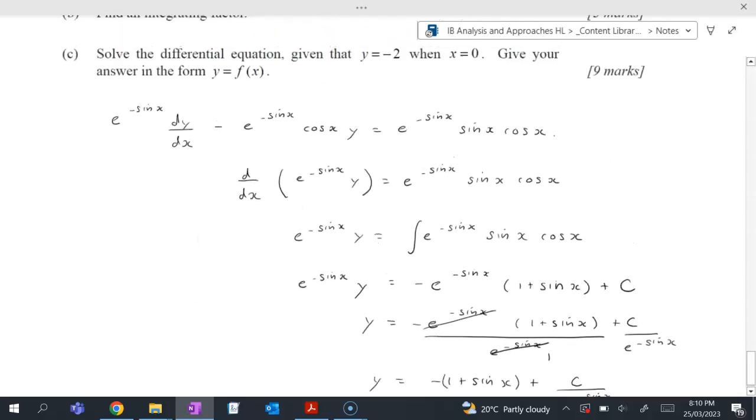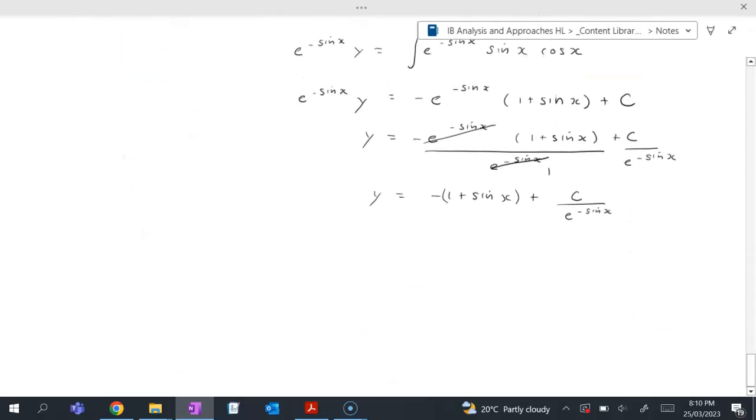And then we're told that y equals minus 2 when x equals 0, so I substitute that in. So minus 2 is minus 1 plus sine of 0 plus c on e to the minus sine of 0.